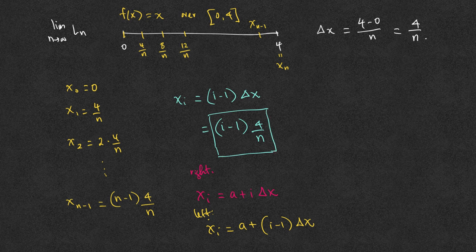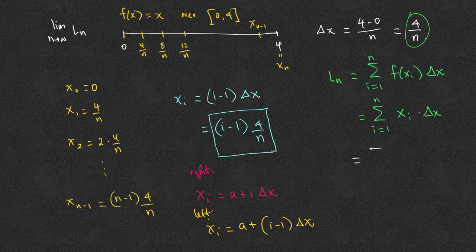The Riemann sum using the left endpoints is L sub n equals the sum as i goes from 1 to n of f of x sub i times delta x. But remember that f of x equals x, so this is the sum as i goes from 1 to n of x sub i, because again, f of x equals x, and delta x in this case is still 4 over n.